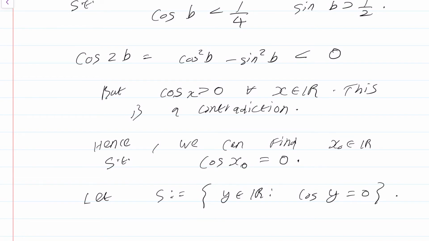Okay, in fact, all y greater than 0 such that cos y is equal to 0. In fact, we can find x naught greater than 0 such that cos x naught is equal to 0.